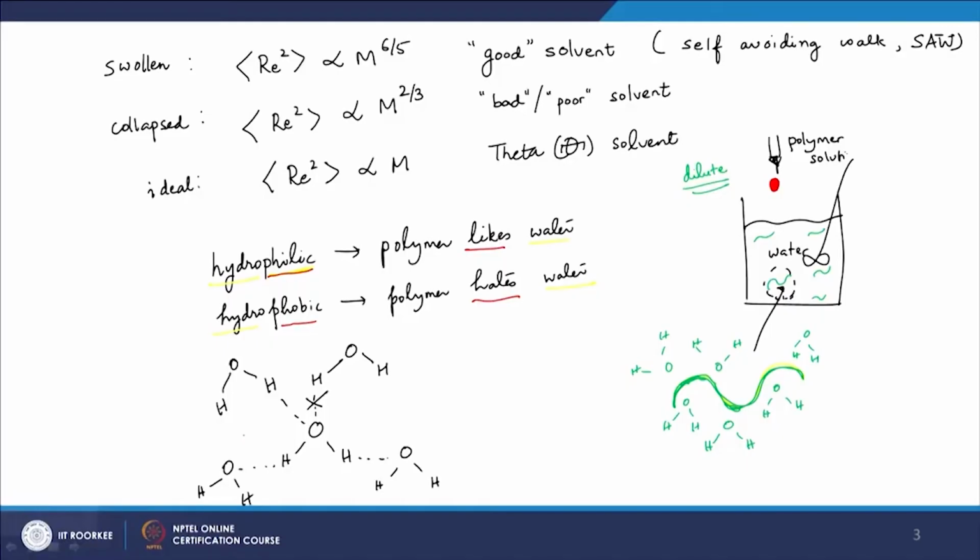Okay. So, now I have added a polymer chain into it. Now, for the polymer chain to be dissolved in water, the water molecules have to give up their hydrogen bonds. So, let us say now a polymer comes here. Of course, this hydrogen bond has to be sacrificed.